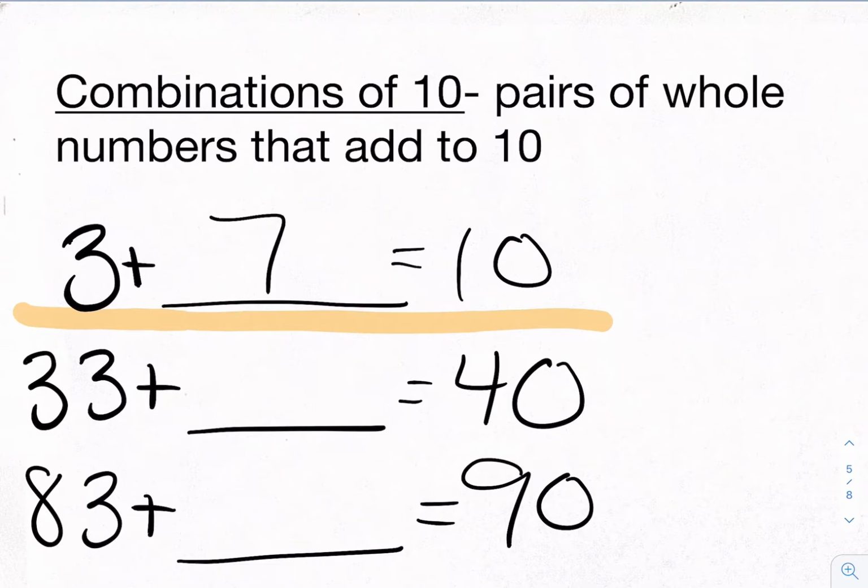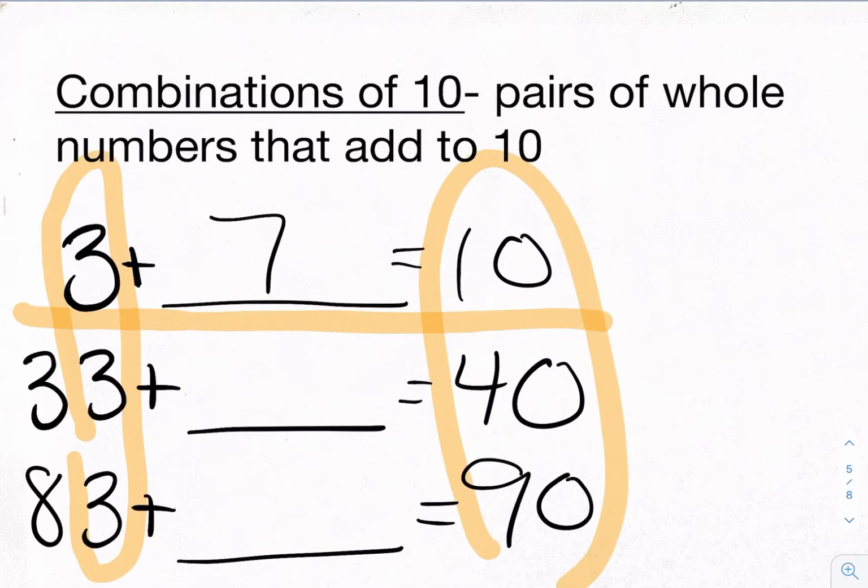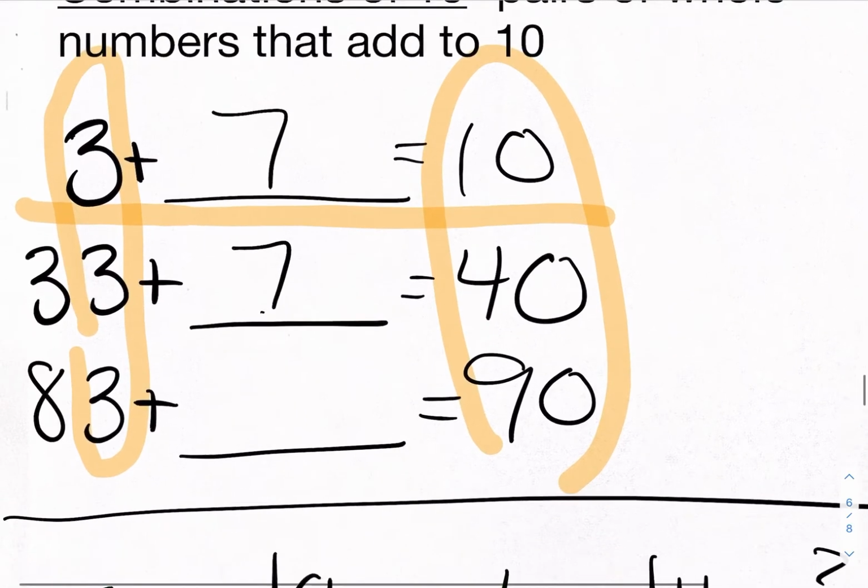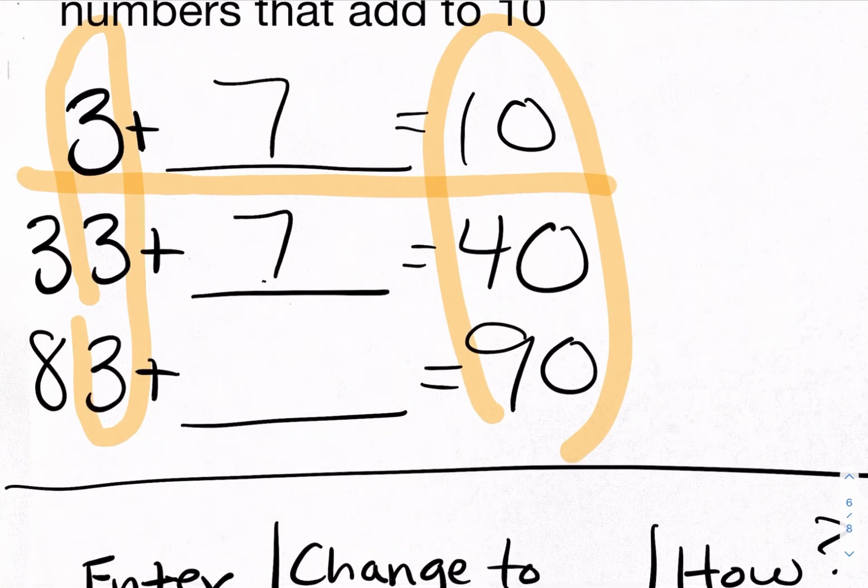So, looking again, these all have 3 in the ones place, and all of our answers are multiples of 10. They're counting numbers of 10. What do you think would go in each of these? 33 plus blank is 40. It's 7. What about 83 plus blank is 90?